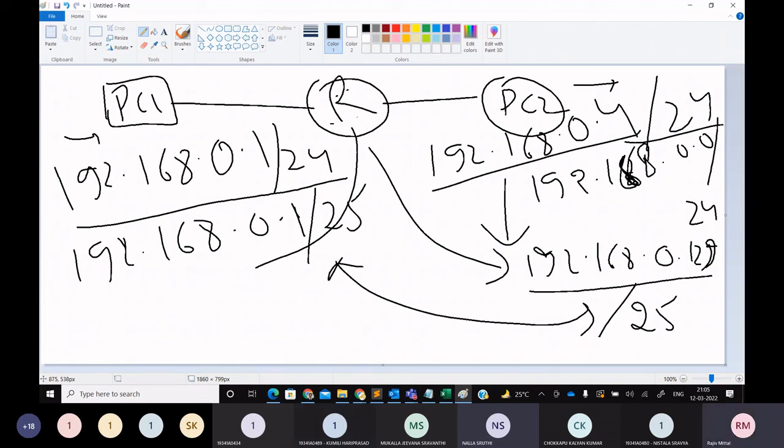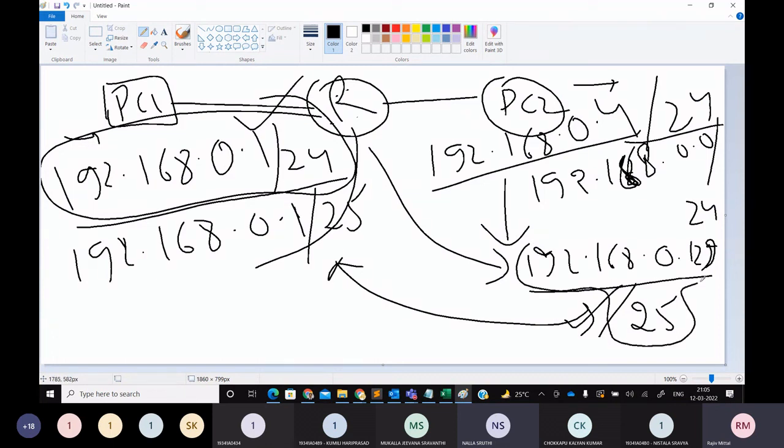Yes, sir. Sometimes what happens in networks, this is the biggest general error people make. On this PC, they will give the IP address 192.168.0.1/24. But here they will give 192.168.0.129/25. Right?